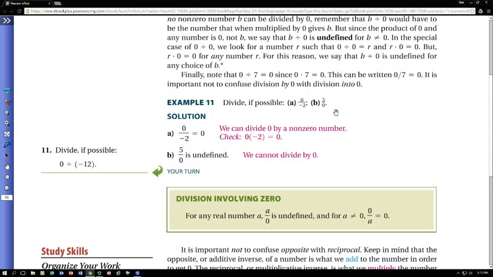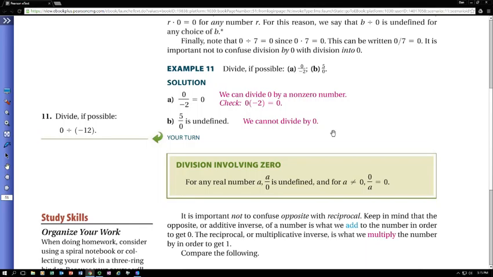I'm done. I can do it 0 times. That's 0. Where 5 divided by 0, I have 5 things. I'm pulling out 0 of them at a time, trying to figure out how many zeros I can pull away from there to get to 0, which makes no sense, which is why division by 0 is undefined.